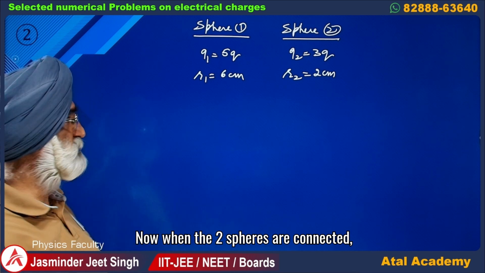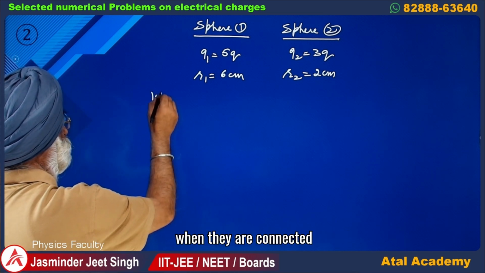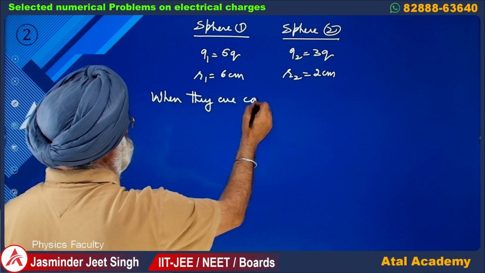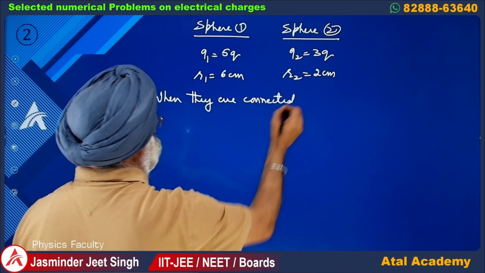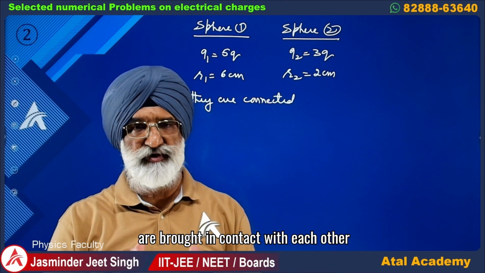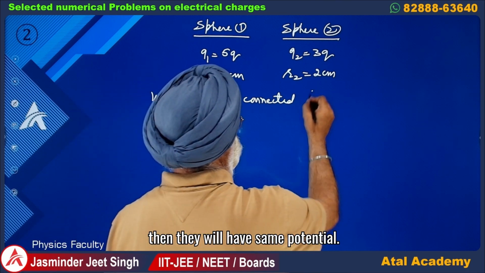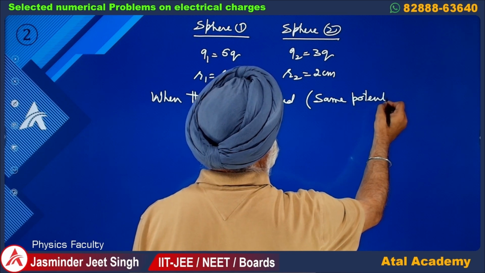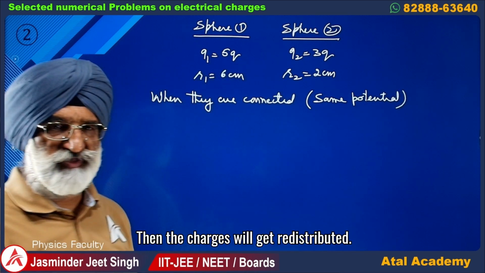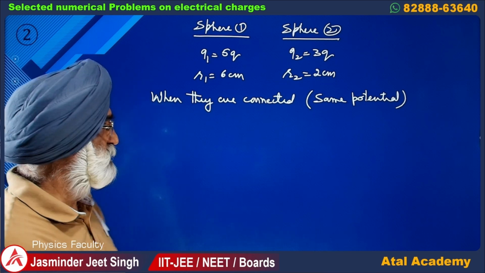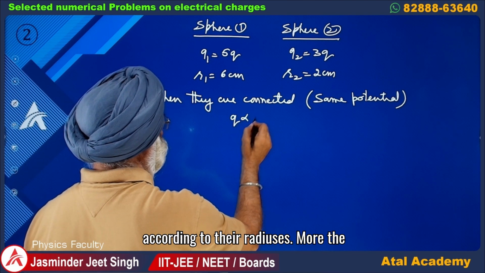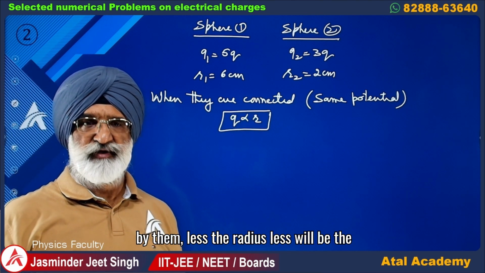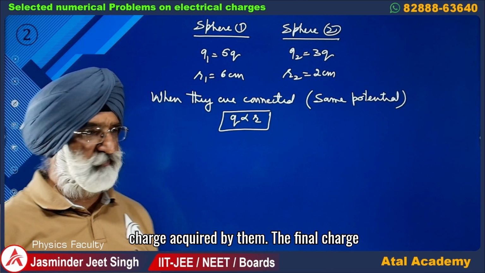Now when the two spheres are connected, or are brought in contact with each other, then they will have same potential. Then the charges will get redistributed. The charges will get redistributed according to their radiuses. More the radius, more will be the charge acquired by them. Less the radius, less will be the charge acquired by them.